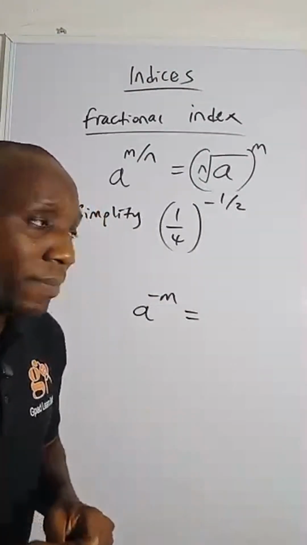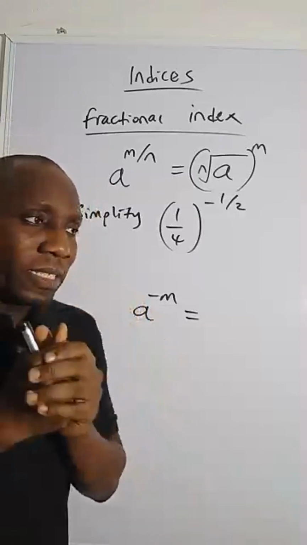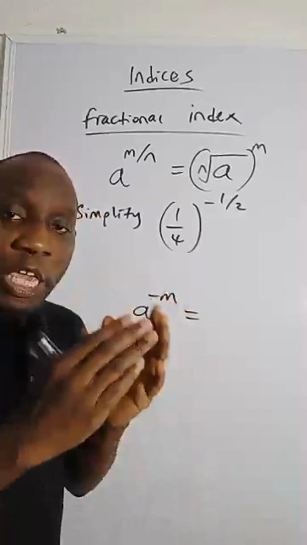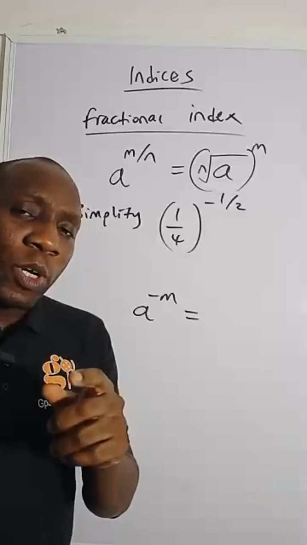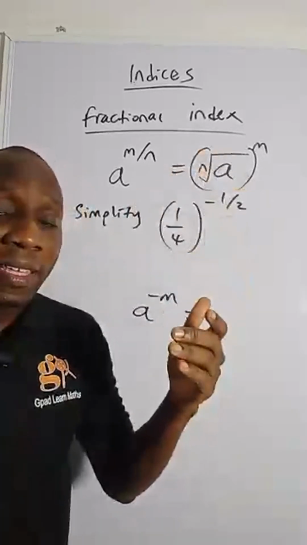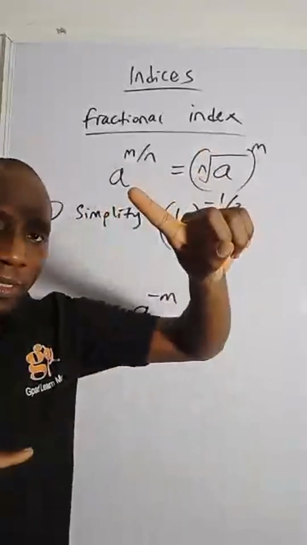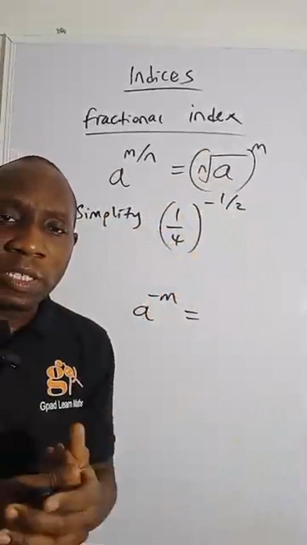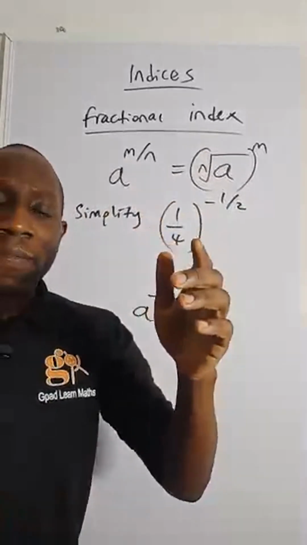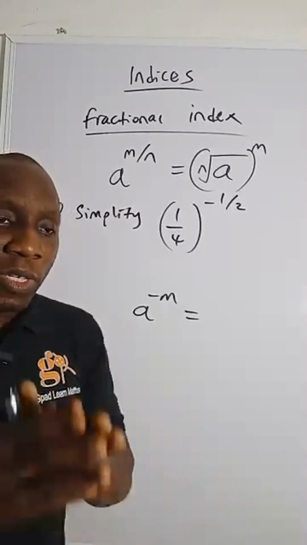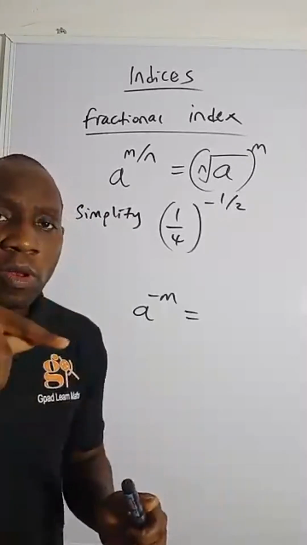Let's say you have a over 1. If you take the reciprocal of a over 1, it becomes 1 over a, so you are just flipping it. You have 2 over 3, you take the reciprocal, you have 3 over 2.